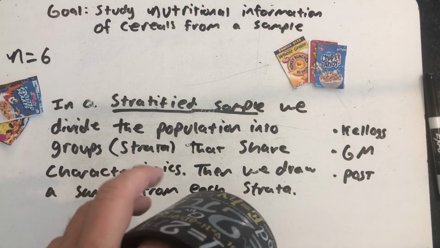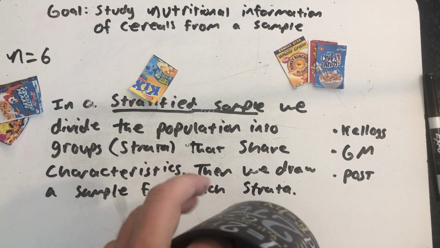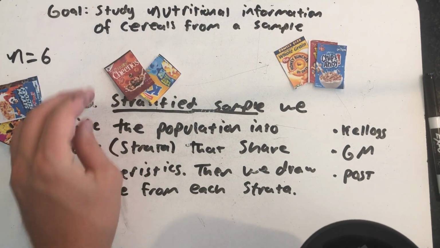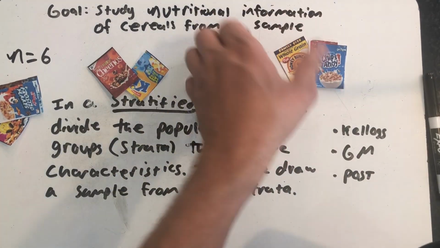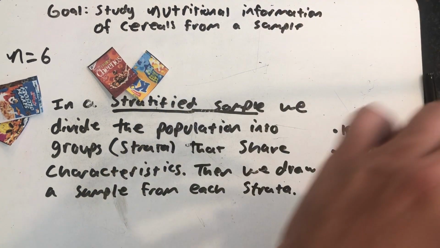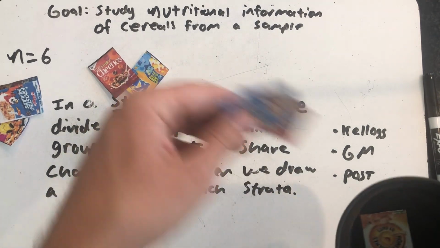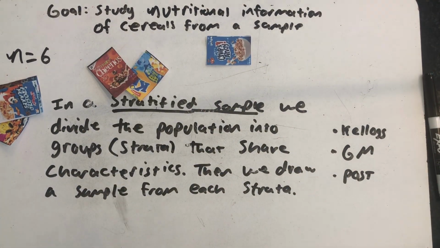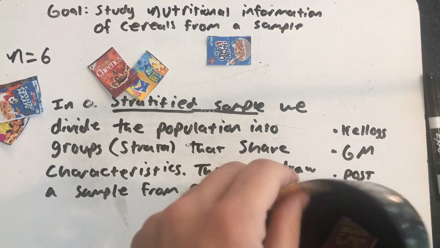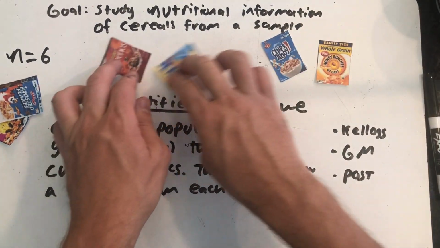And now I'm going to pick 2. 1, 2. Discard those and put the final group of cereals in, the final strata. I need to pick 2. 1, 2. And here's my sample, this time of size 6.